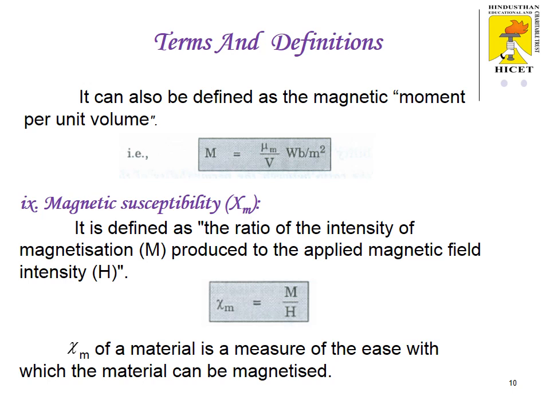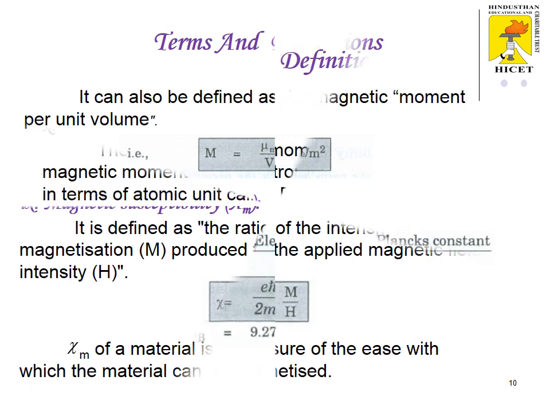So chi is equal to M divided by H. If you want to understand what susceptibility means, it is a measurable quantity. It is a measure of how easily the material is magnetized in response to applied magnetic field strength. That is called magnetic susceptibility.